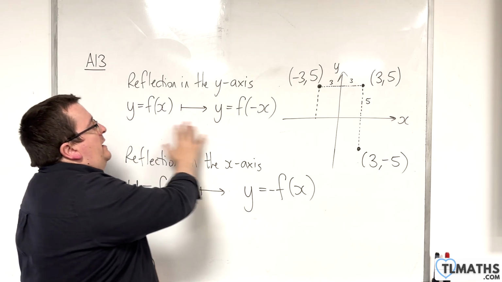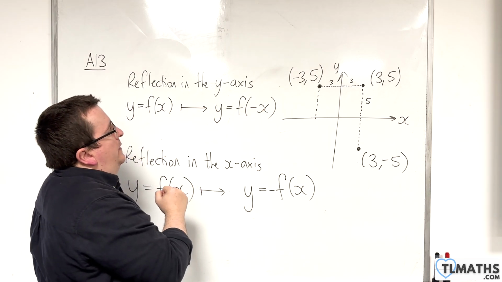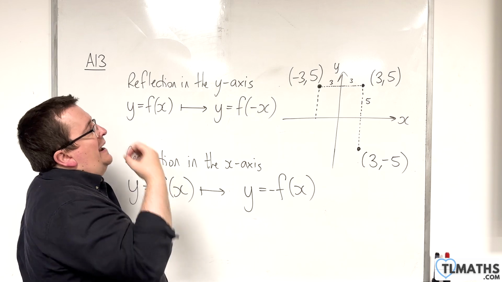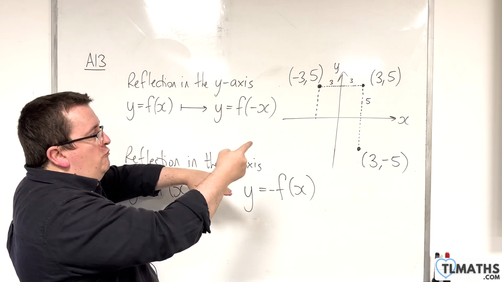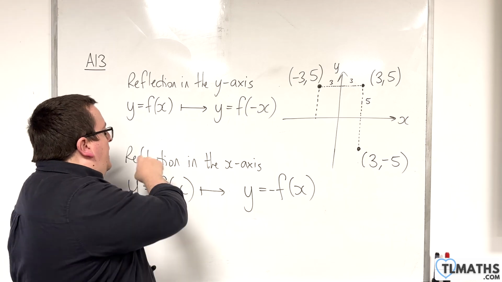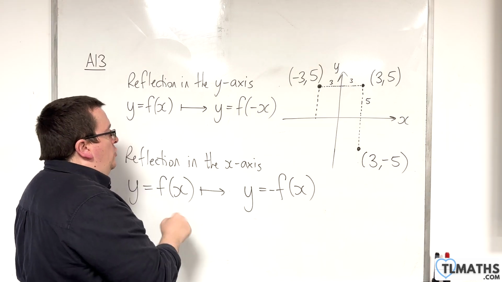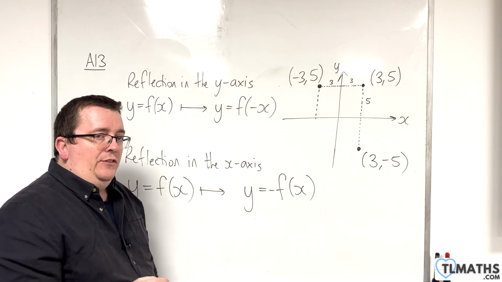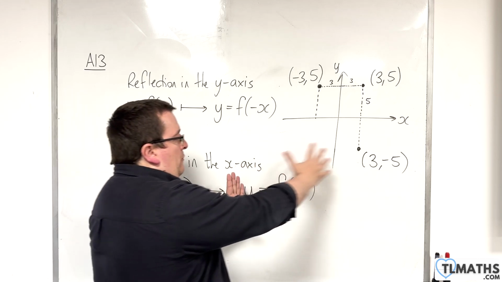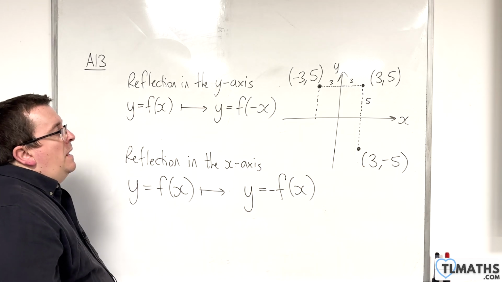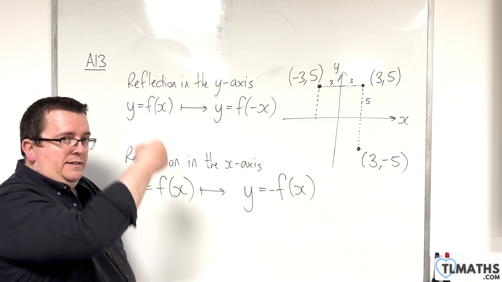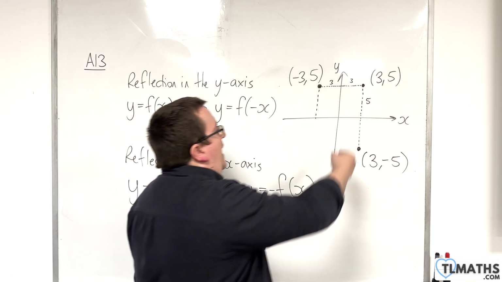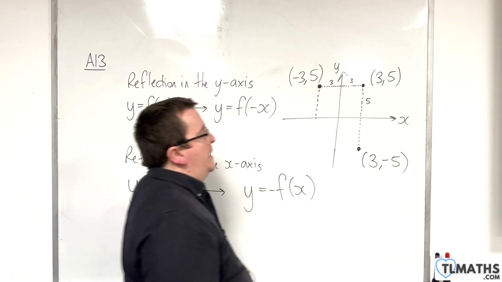So, if it is inside the bracket, if the negative is inside the bracket, it is a reflection in the y-axis, okay, because it is moving horizontally. And if it is outside the function, then it is a reflection in the x-axis, so it has multiplied everything through by -1, then it reflects in the x-axis, and so it is moving vertically across the x-axis. Okay?